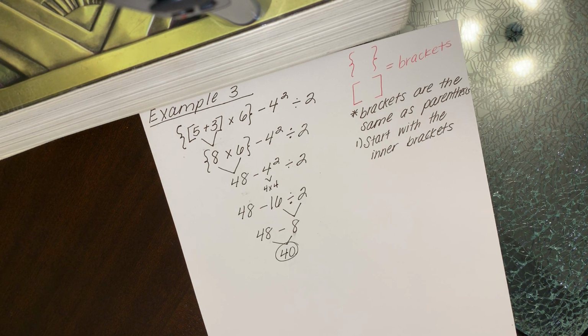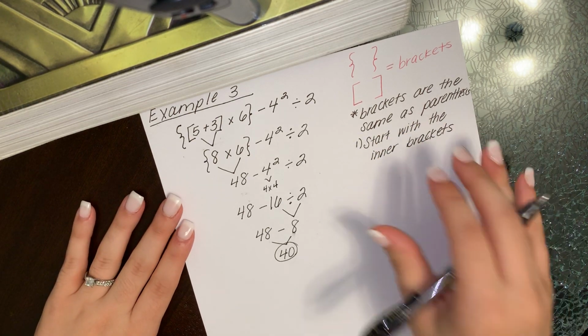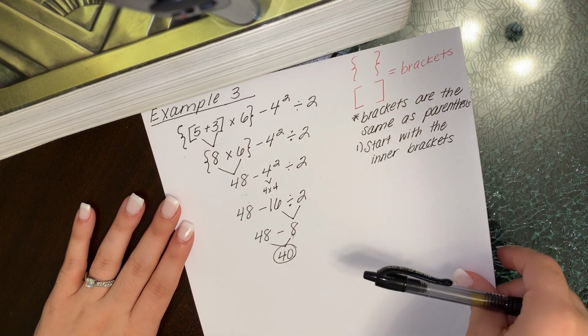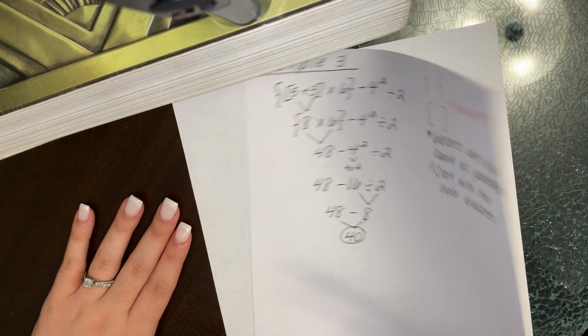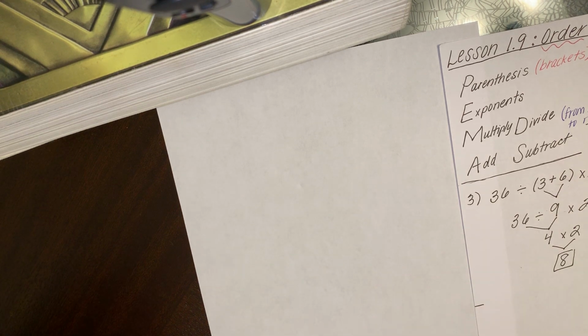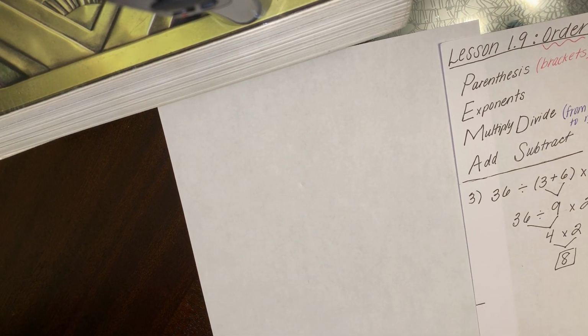And what we're going to do is we are going to do one more problem and we're done with this lesson. So the last one we're going to do, I'm going to do on a completely separate page, okay? I'm going to keep the PEMDAS nearby so we can always go back to it.